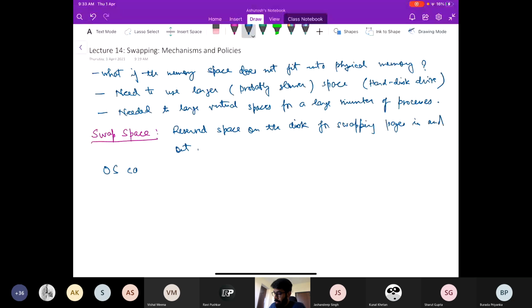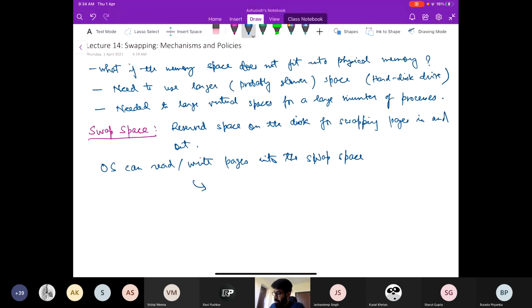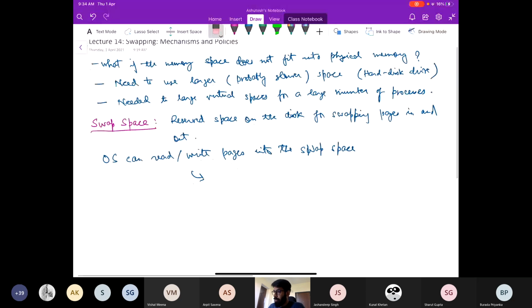The OS can read, write pages onto the disk into the swap space. And for that, OS would need to know the addresses.